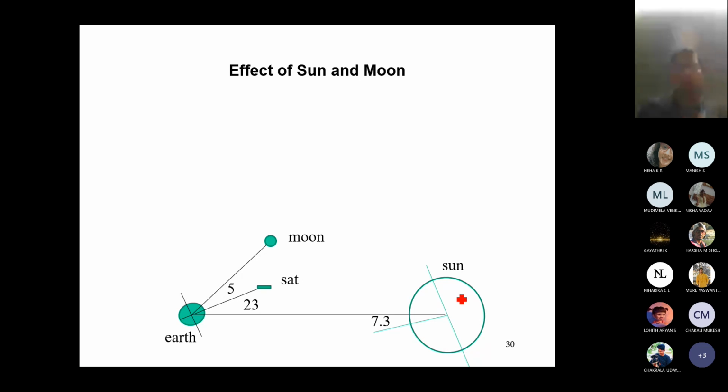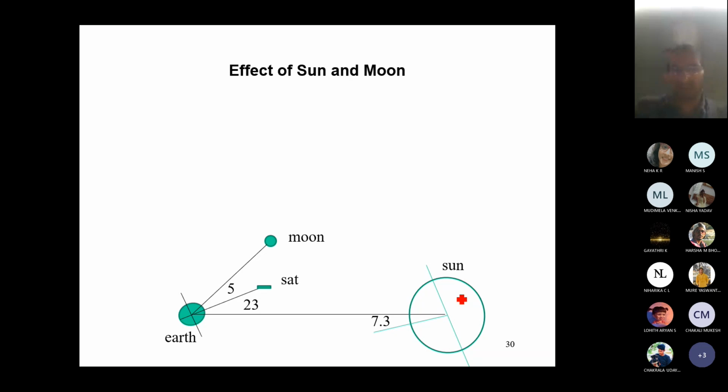So the moon is also rotating around the Earth, as well as all the artificial satellites which we are launching. What to note here is that as our Earth is rotating around itself, the sun, the central object, is also rotating around its own axis.